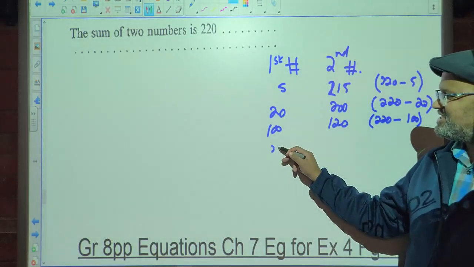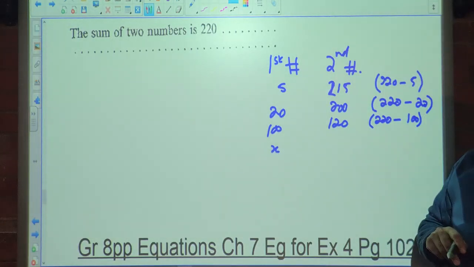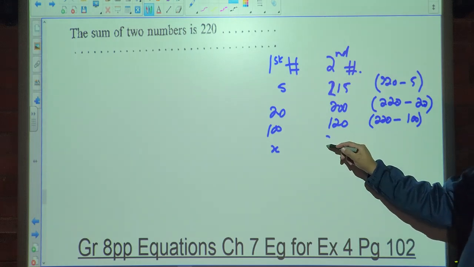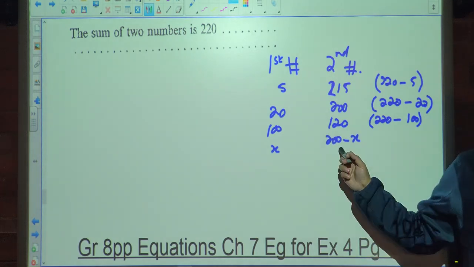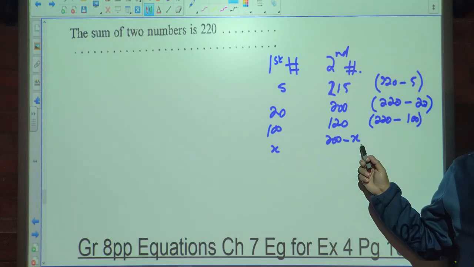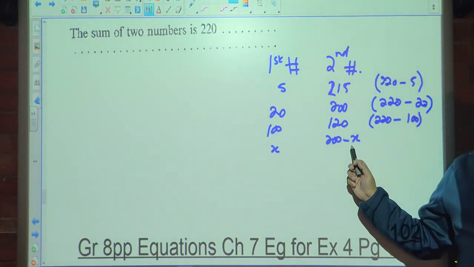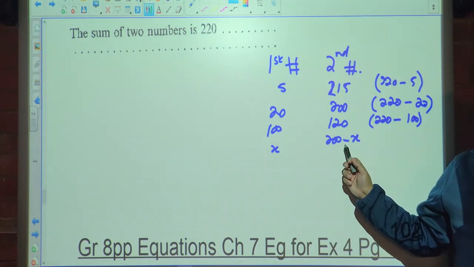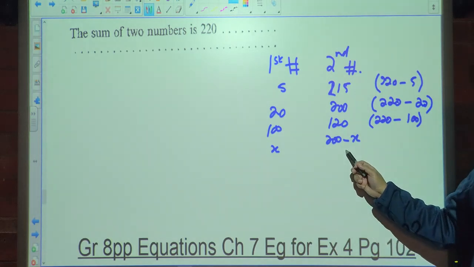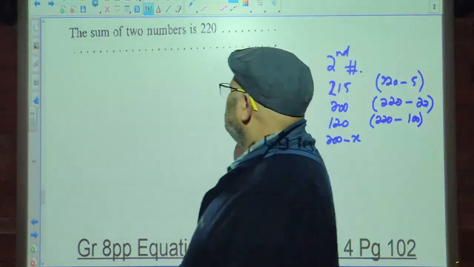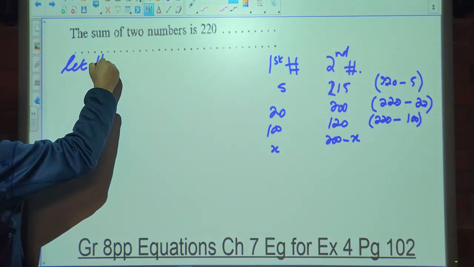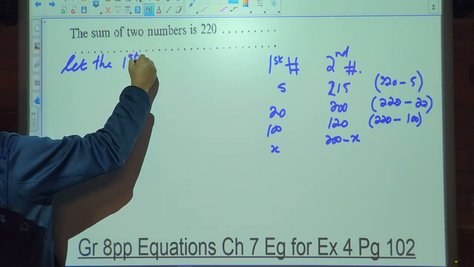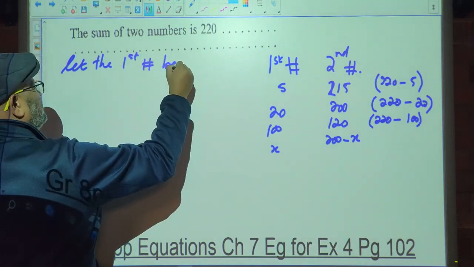So if this is x, then what is your second number? 200, and that's 200x, not so? Can I write this as 200x? No, it's unlike terms. So where do we start? We say, let the first number be x.